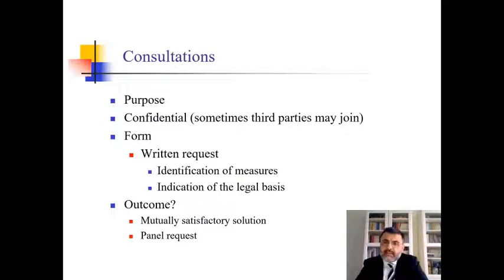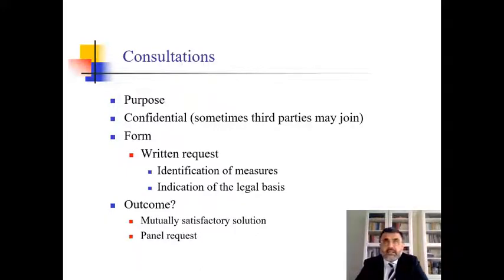What is the measure, or what are the measures that Australia challenges? And the second thing is, what are Australia's claims? In other words, which provisions of the WTO agreement does Australia allege have been violated by Brazil? So measures and claims have to be identified in writing in this document that is called the consultations request.